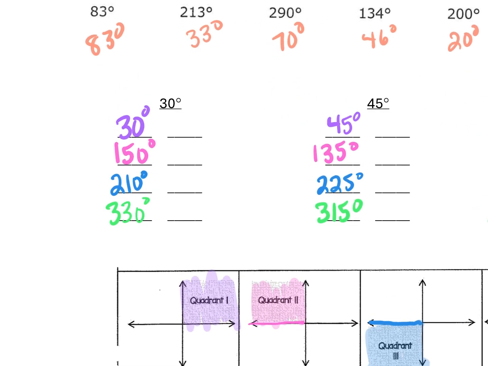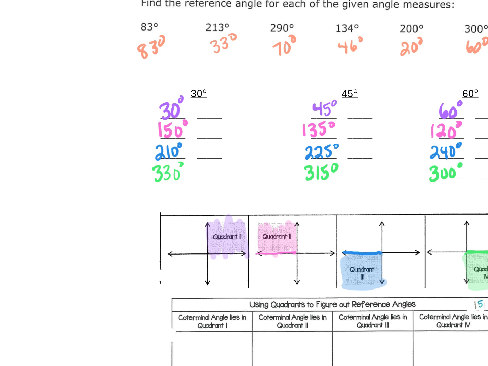But now what's going to be important, and what's going to be special that you guys need to be thinking about, is the application. If I start talking about an angle that's 210 degrees, you need to think about what you know about a 30-degree angle, because it's going to be true for that 210-degree angle also.